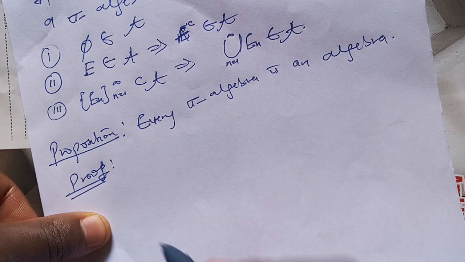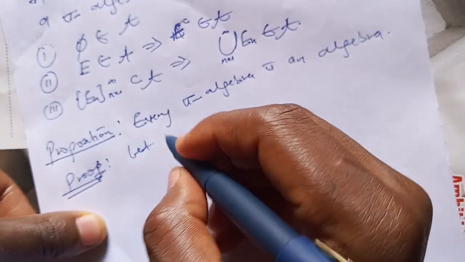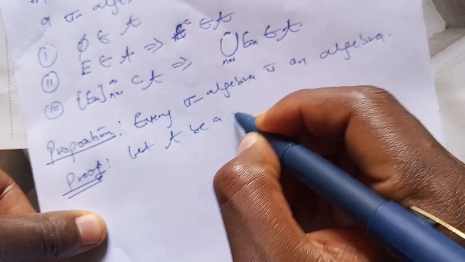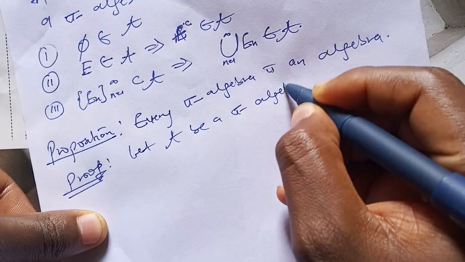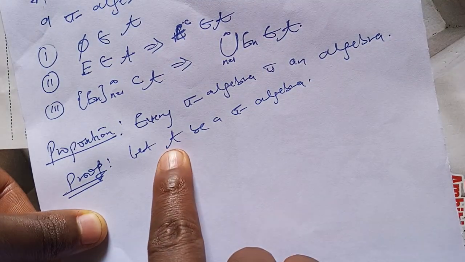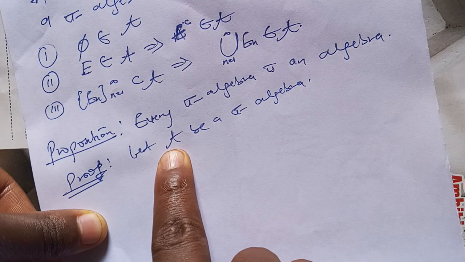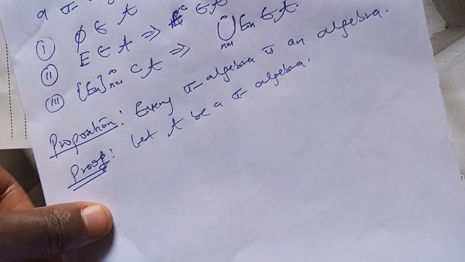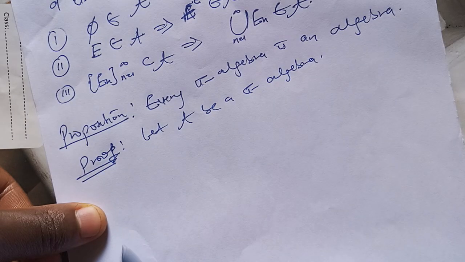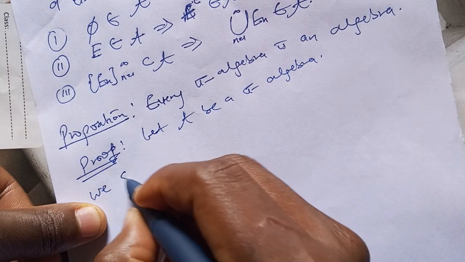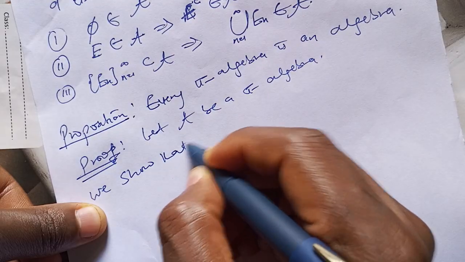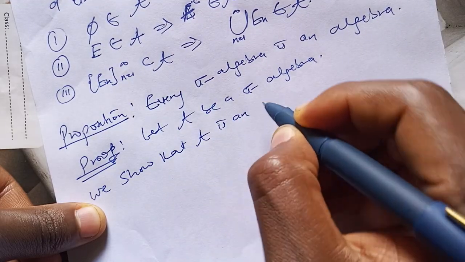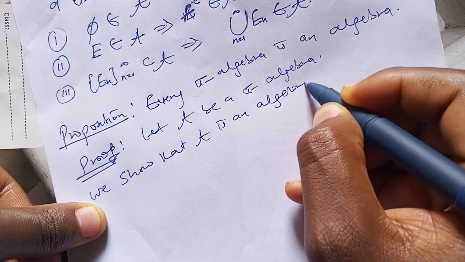So we say, let this be a sigma algebra. First of all, let this be a sigma algebra. Now, if we let it be a sigma algebra, our job is to show that this is an algebra.